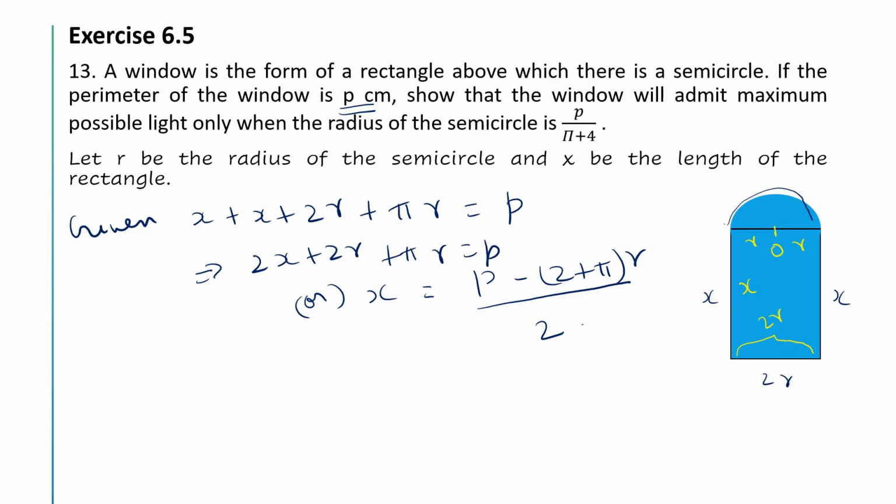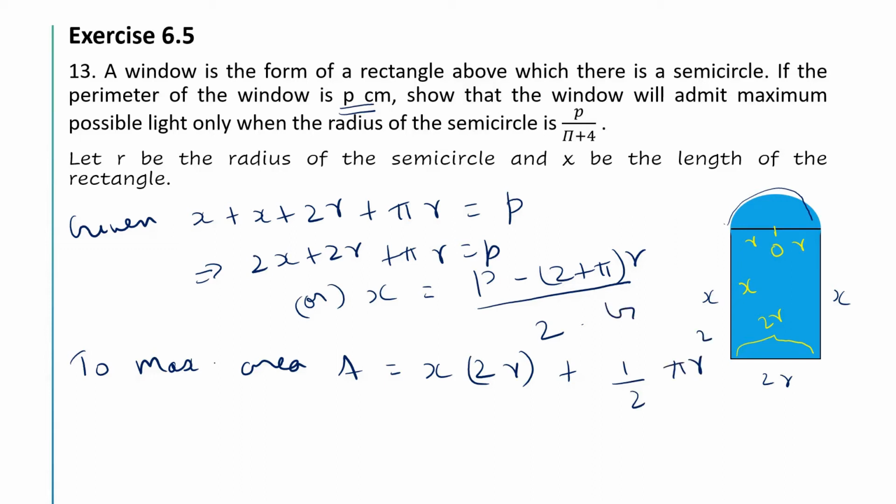Now we have to maximize the area. So to maximize area A equal to, the area of the rectangle is length into breadth. Breadth here it is 2r and the area of the semicircle is half pi r square. So let us take this as 1.